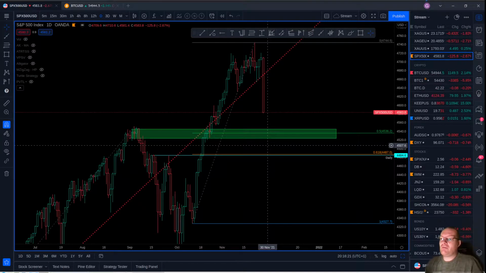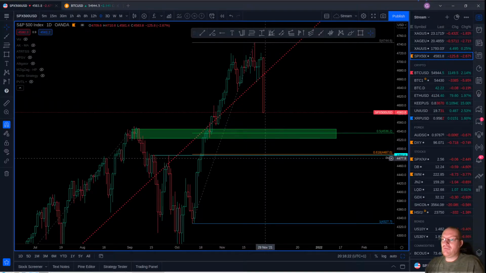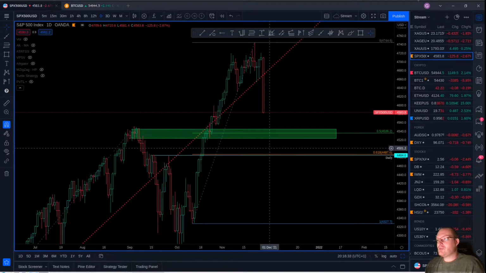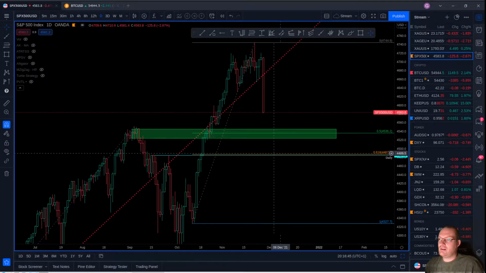So that's what I will look for before the opening hours, to where price is going. Let's say on Monday we push all the way down to the 0.618 and we stay there until the opening of the American stock market, then most probably I will buy, because then you go up with the big banks.